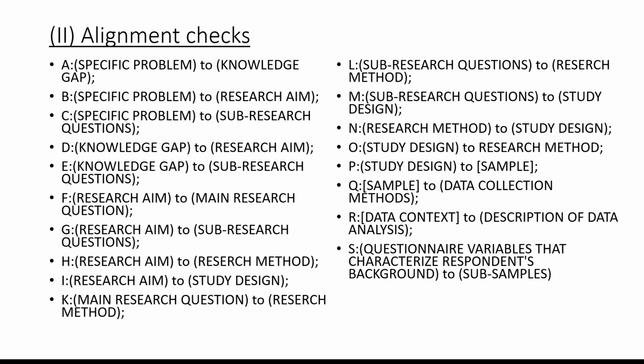So these are, for example, checking if the specific problem is aligned with the knowledge gap, also if the specific problem is aligned with the research aim and sub-research questions, then if the knowledge gap is aligned with the research aim and sub-research questions, if the research aim is aligned with the main research question, if the research aim is aligned with sub-research questions, and most importantly, if the research aim is aligned with the selected research method and study design, and other relevant alignment checks listed in this slide.